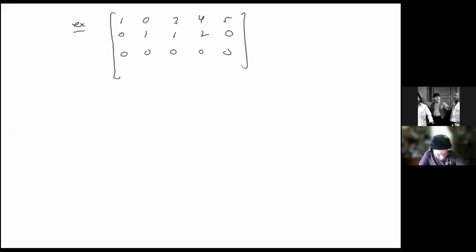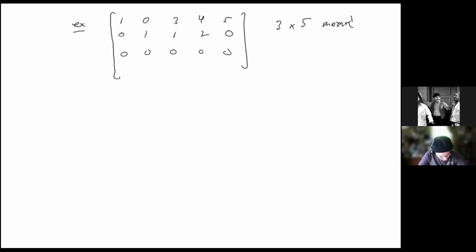There's a row of zeros on the bottom, which is good. That was the first condition. The leading entries, which are non-zero, as you move down, are moving from left to right. And here are the 2 non-zero leading entries.